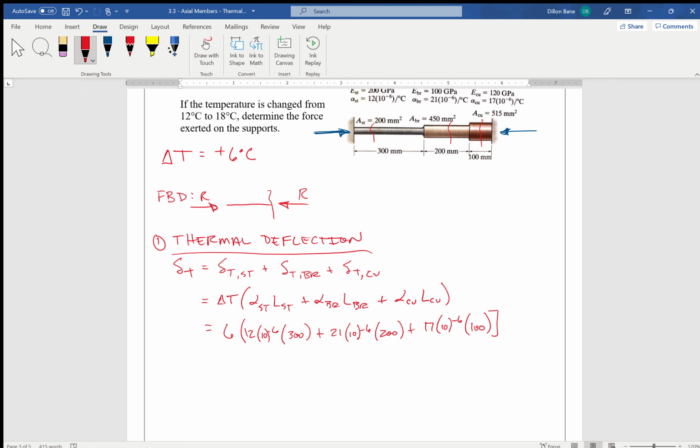So what we find is that the total thermal deflection, if this thing was unrestrained and allowed to expand the way it wants to, comes out to be 0.057 millimeters. Okay?